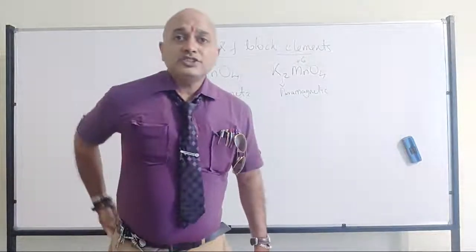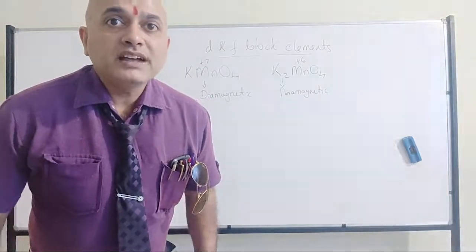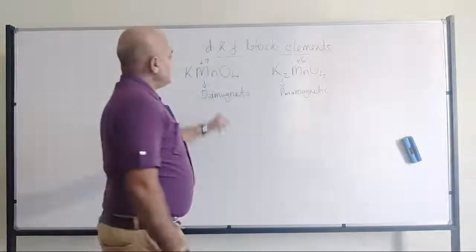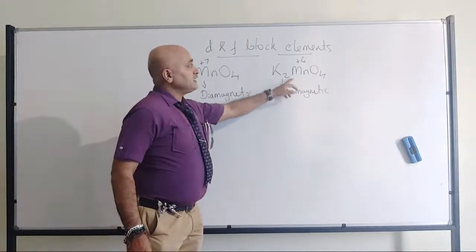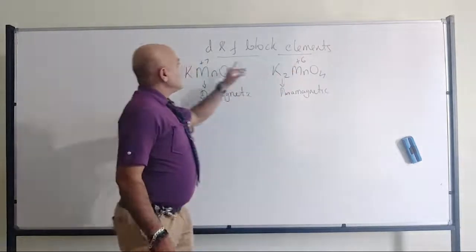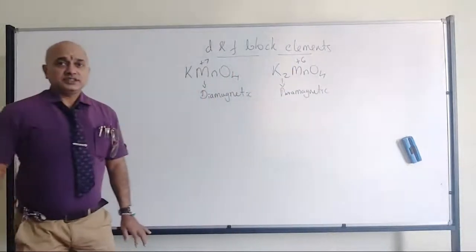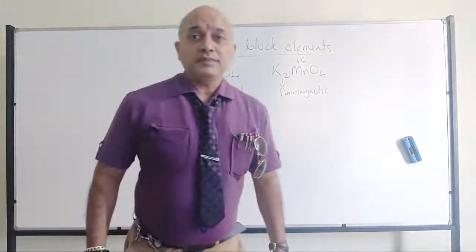All of you have understood? Yes, permanganate is diamagnetic and paramagnetic is manganate. Fine. So that's where +6 and +7 oxidation state. So which type of structure will they be having?